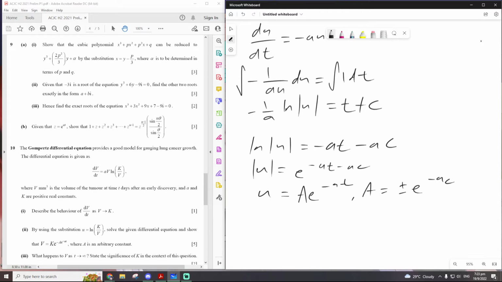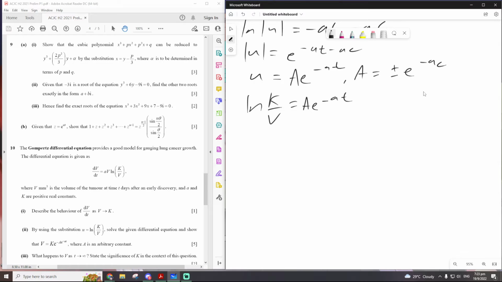But u is ln k over v, so ln k over v equals A e to the minus at. I'm going to make v the subject. So ln v equals ln k minus A e to the minus at. And then v is e to the power of this. So you will get k e to the minus A e to the minus at. Yeah, there you go.